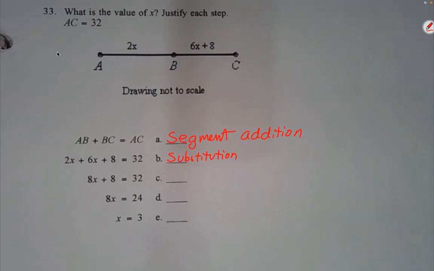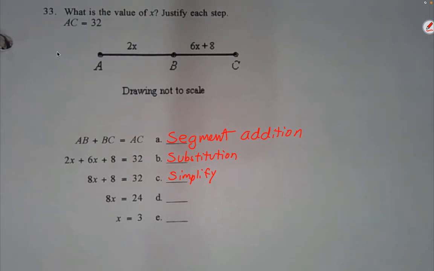What did I do with 2x and 6x? Combine like terms. What's another word? Simplify. They probably put simplify, I normally put combine like terms. Either one's fine, simplify is shorter, so I wrote it. It is not addition property, because I did not add the same thing on both sides.